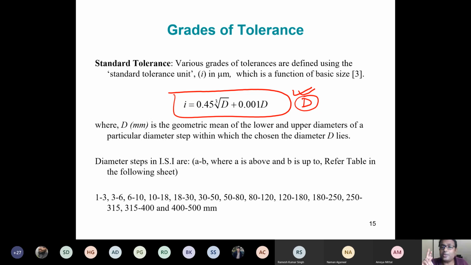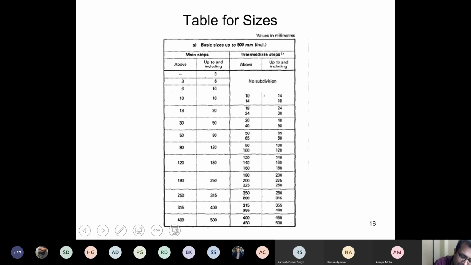And this D is not your diameter. D is not your nominal size, right? D is the geometric mean of the upper and lower diameters in this table. So there is a table here. If the basic size is 5, it lies between 3 and 6, so D will be the root of 3 times 6.